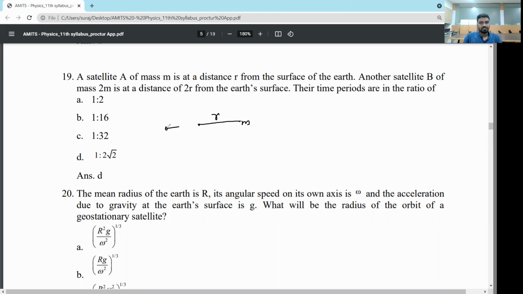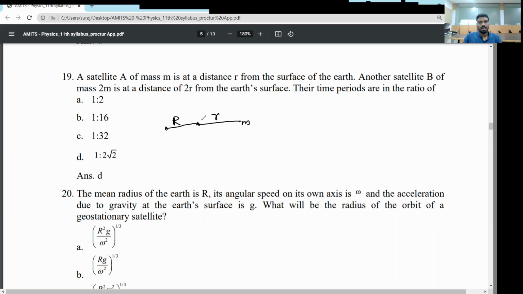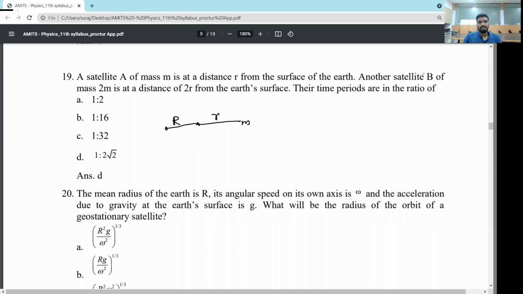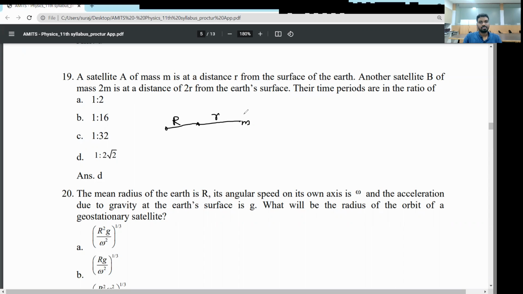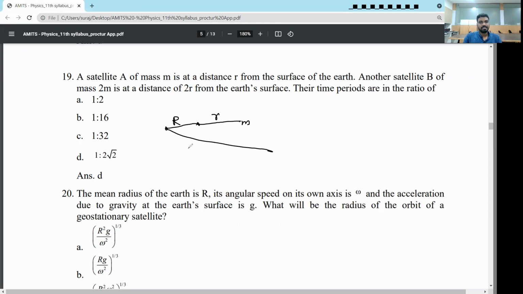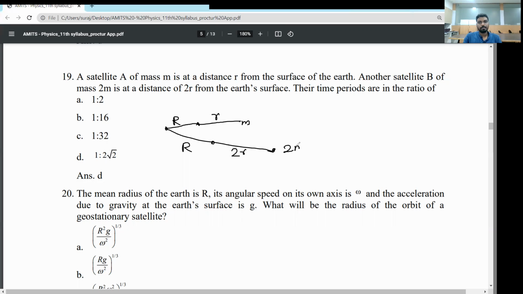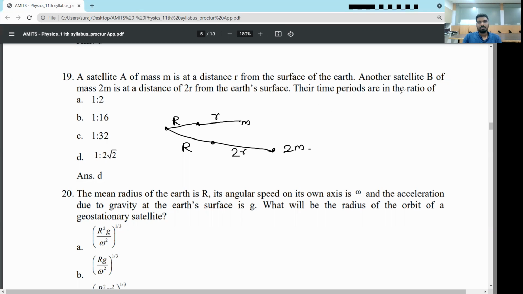Let's say radius of the earth is capital R. Total distance will be R plus r. Another satellite B of mass 2m, distance 2r from the surface of earth. So this will be R plus 2r. Mass is 2m.